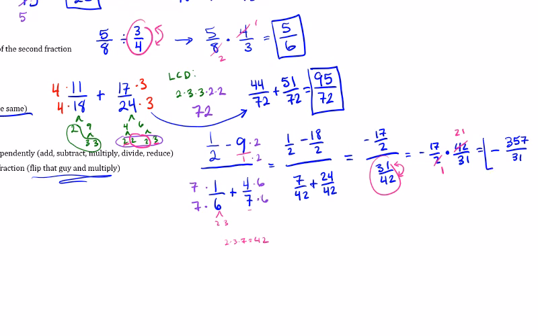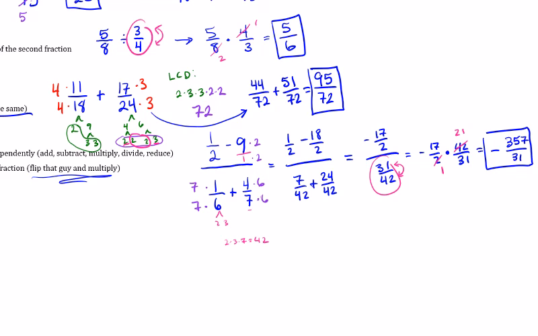No common factors bigger than 1, so we can't simplify that anymore. So that's how we simplify complex fractions. Simplify the numerator and denominator independently, and then once you get a rational expression on top and a rational expression on the bottom, you can multiply the numerator fraction by the reciprocal of the denominator fraction.